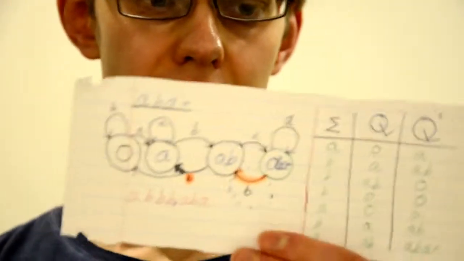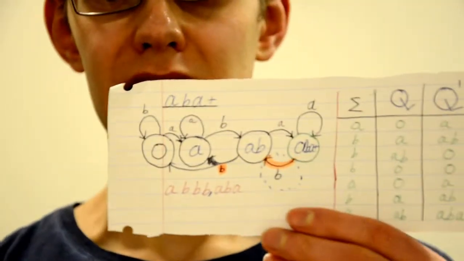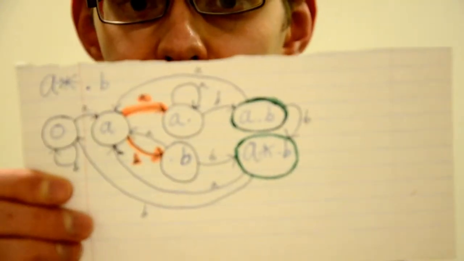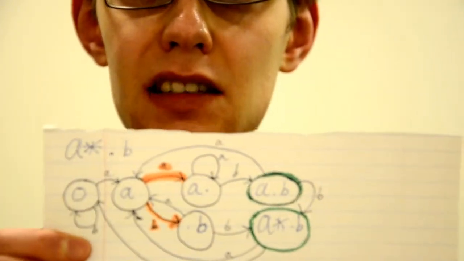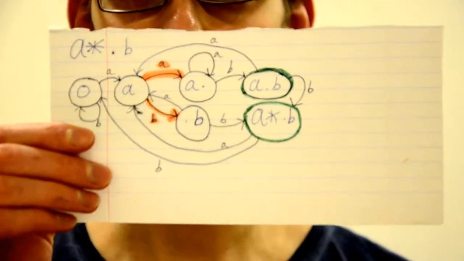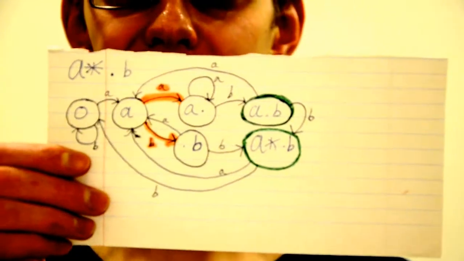I'll talk about complexity and the pre-generation later. But I'll talk about the star and the dot symbol here. The star is very easy to model with automata. It's just a case of maintaining the state.